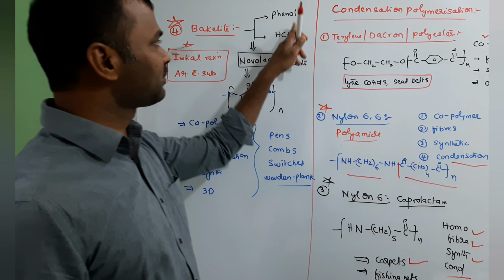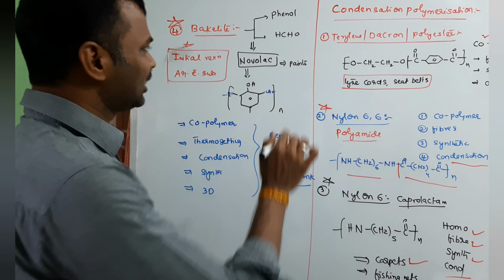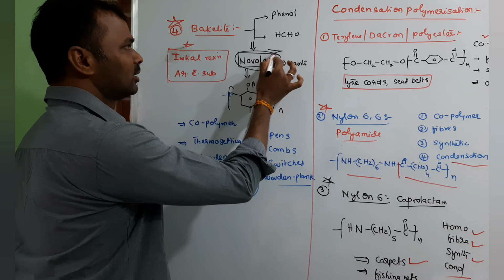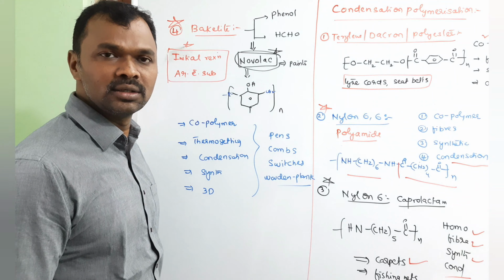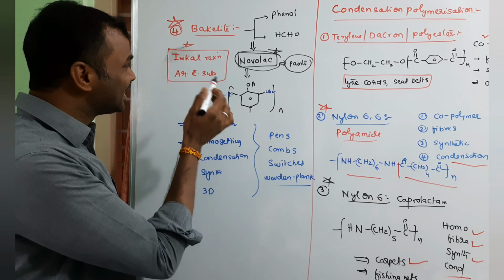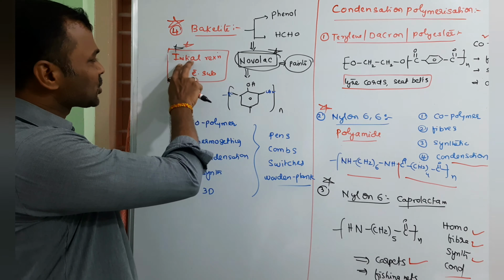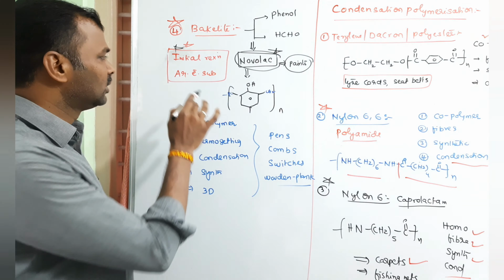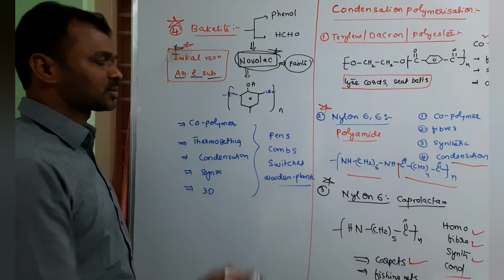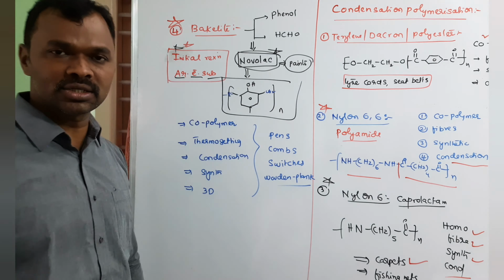The monomers are phenol and formaldehyde. Very, very important. First we'll get an intermediate formed in the formation of bakelite, Novolac, which is used in paints. This question commonly they are asking. So initial reaction is an example of aromatic electrophilic substitution reaction. This is the final structure of bakelite.